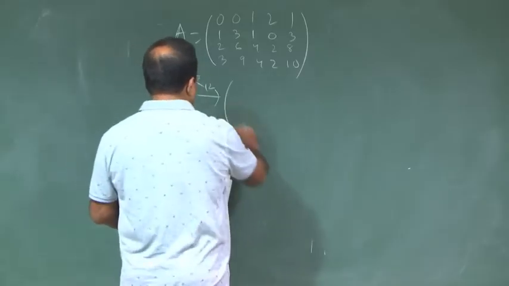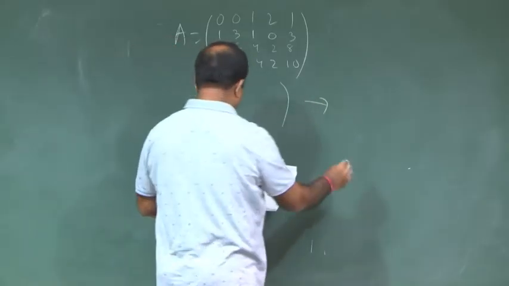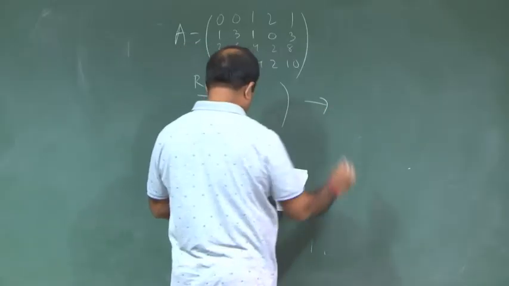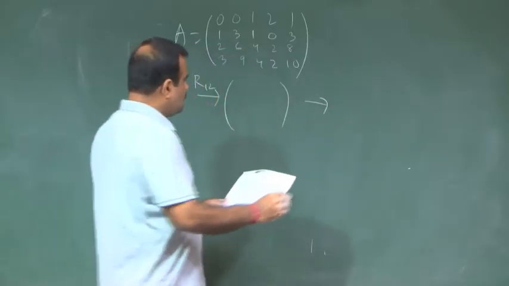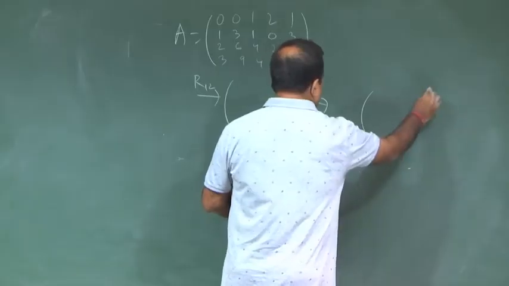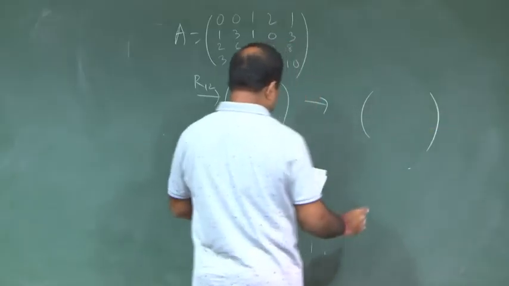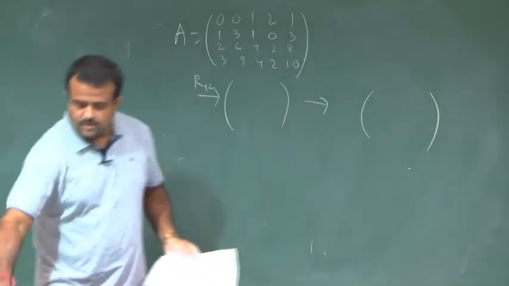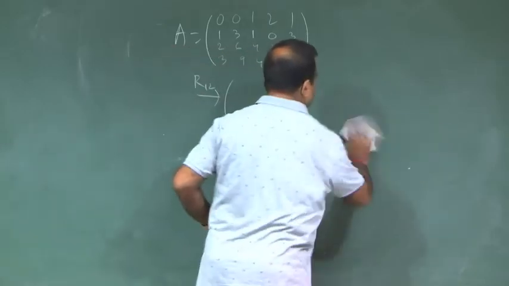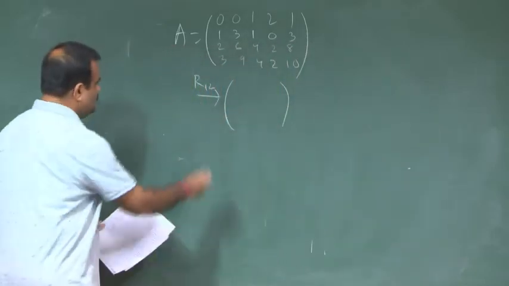So, if we do this, eventually we will get a matrix, and then again we have to do some row operations. If you continue this, I am not going into the details, you can just work out the example at home.